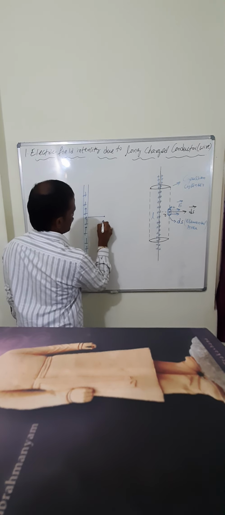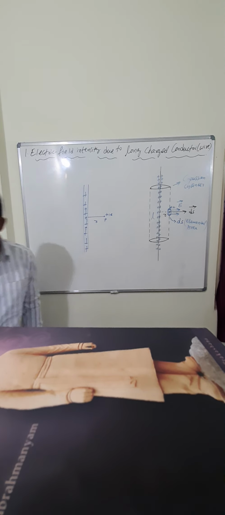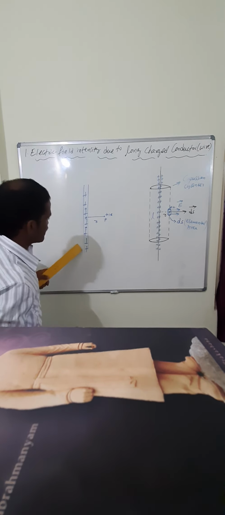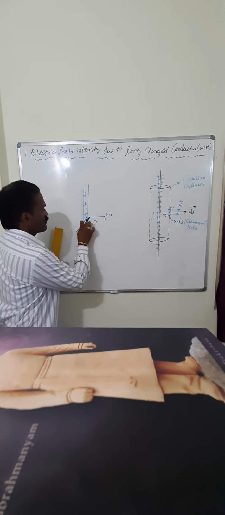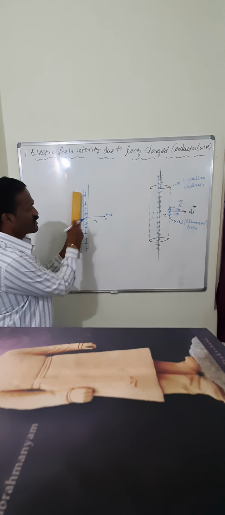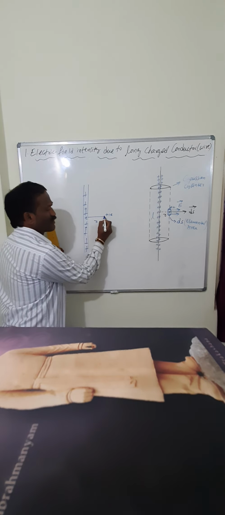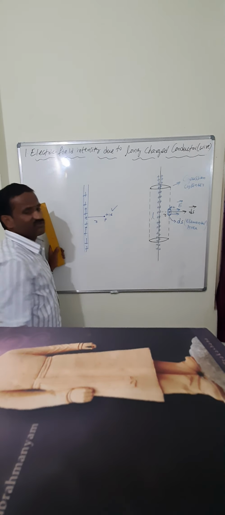Consider a given point P at a distance r. Whenever you want the electric field at a given point, first you place a plus 1 coulomb of charge.